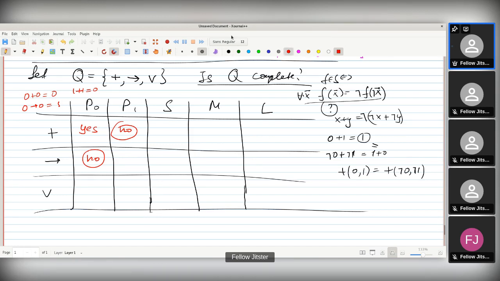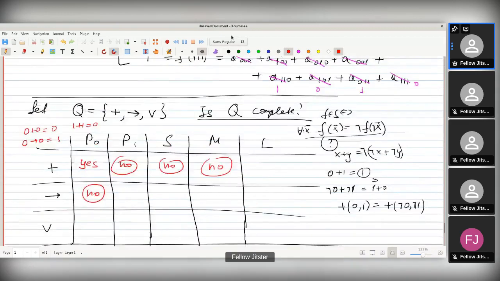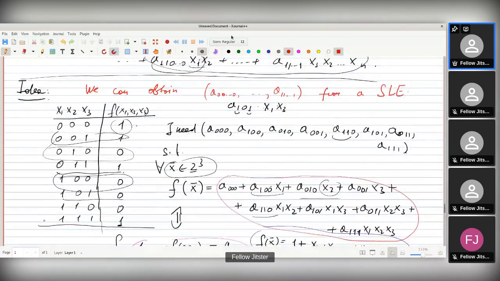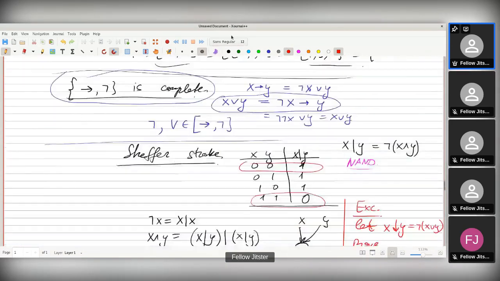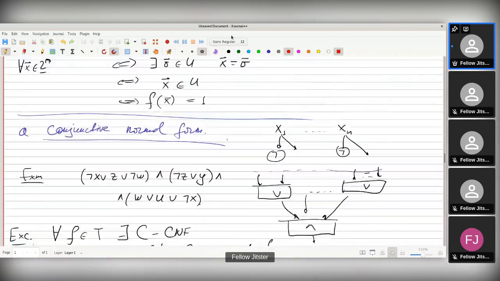We have a function that doesn't preserve 0, one that doesn't preserve 1, and a function that is not self-dual. Do we have a non-monotonic function? Yes, exactly. Addition is non-monotonic. We have already seen it.